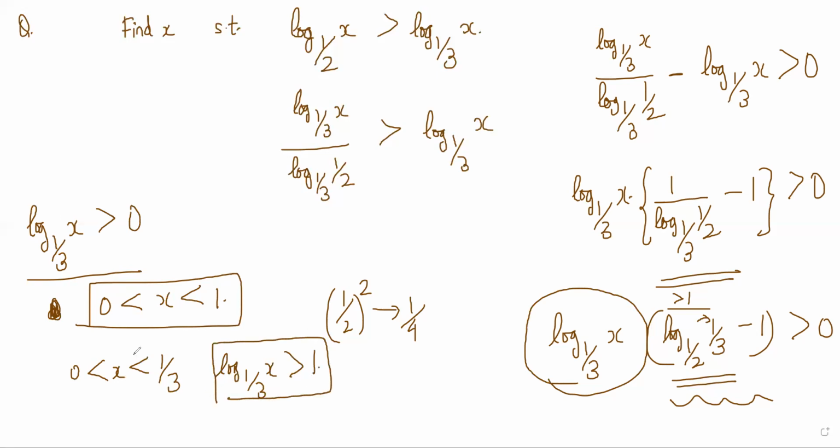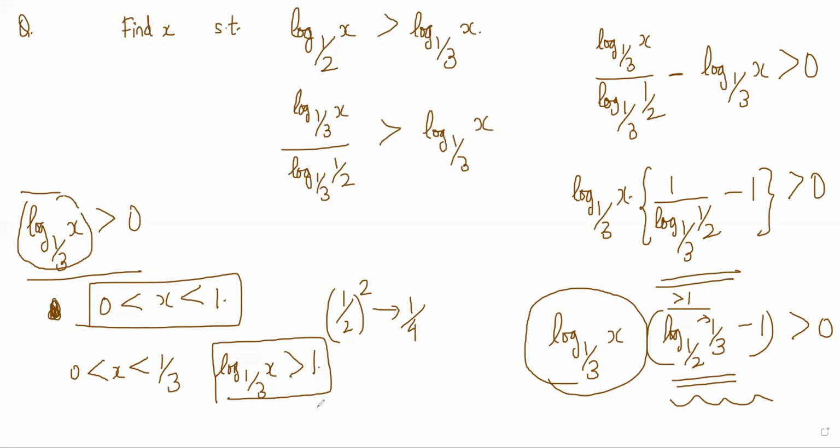You don't have to make it big, you just have to make it positive. So it only needs to be between 0 and 1. If your base is between 0 and 1, log will be positive if your x is also between 0 and 1. And if you go beyond, x greater than 1, log will become negative.